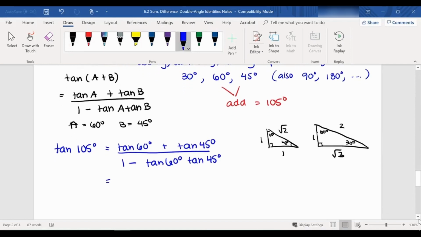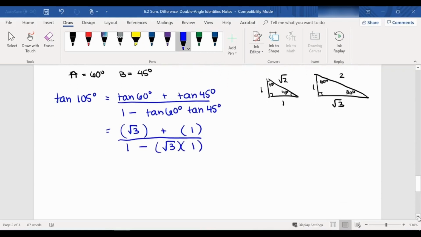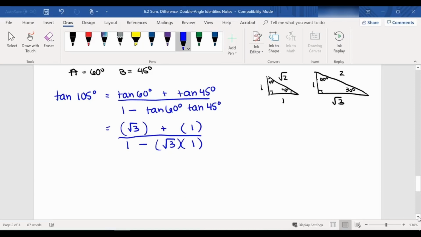So tan 60, if I look at my triangle, is opposite over adjacent. So this would be root 3 over 1. You don't need the over 1. Tan 45 is 1 over 1, which is 1. Then you end up with 1 minus tan 60, again, is root 3, tan 45 is 1. And then I'm just going to rewrite this neatly so that I don't have all these brackets floating around.